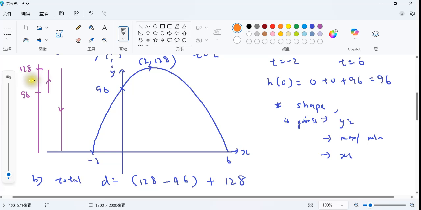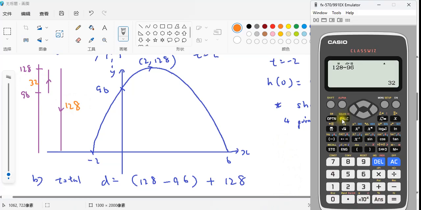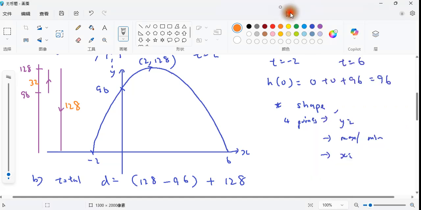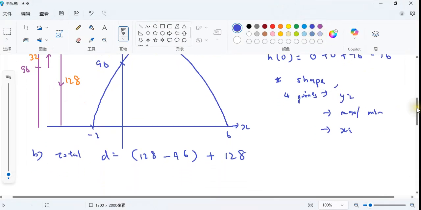So go up 32 units and then go down 128 units. So it will be 160 units. We don't know whether it is meter or cm, whatsoever. So we will use units.